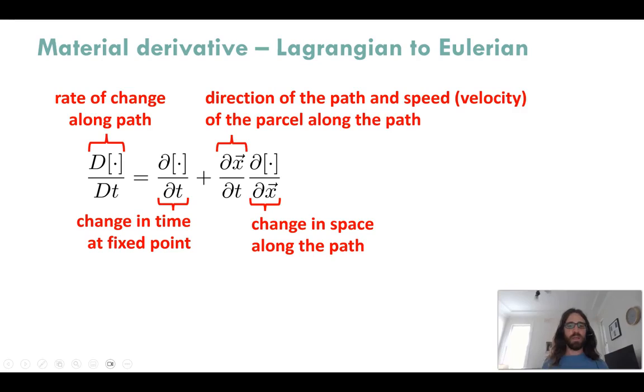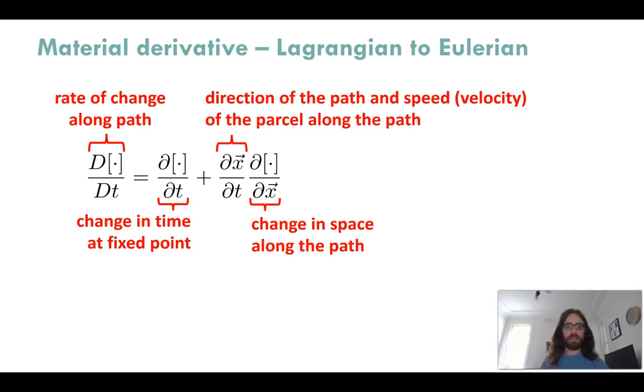And so, if you're wanting to convert between Lagrangian and Eulerian, you need to use a definition that considers both of those rates of change. The conversion is given by the equation here. On the left, we have the Lagrangian definition, the rate of change following along the path. The Eulerian equivalent to that considers 2 contributions.